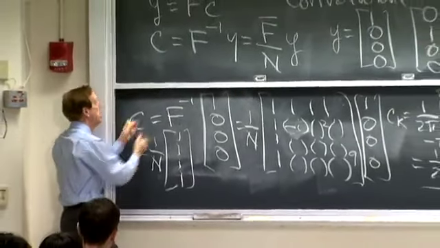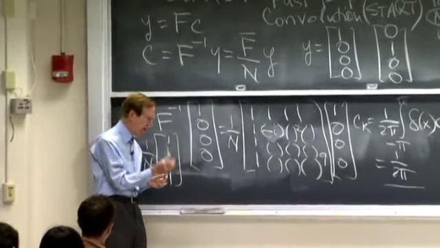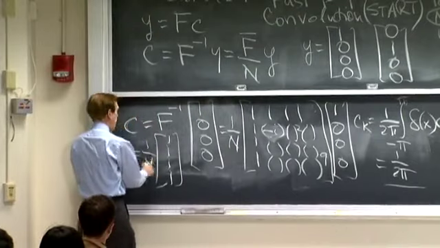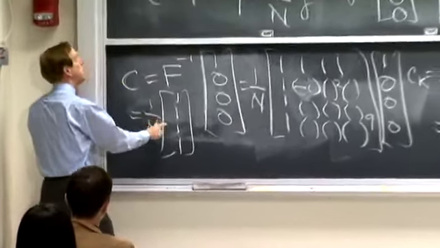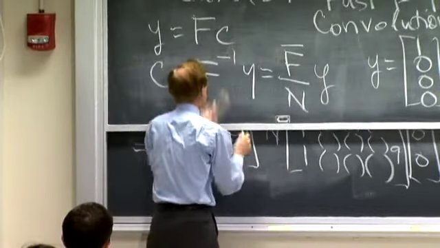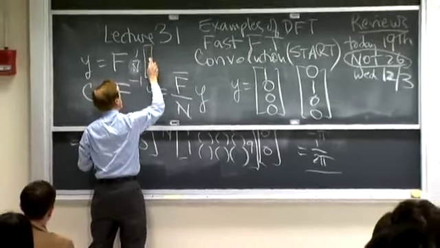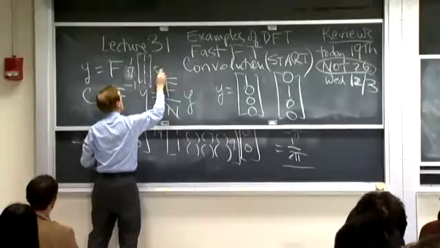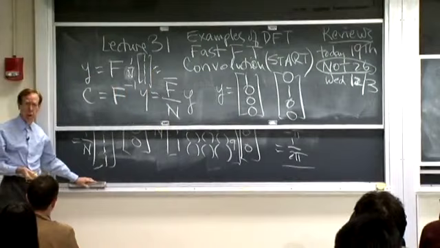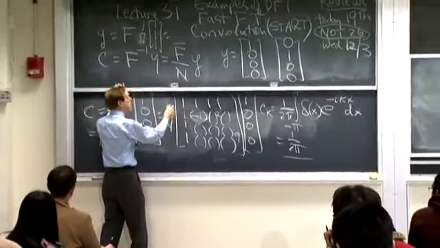Just to be sure that we believe that F and F inverse really are what they are supposed to be, if I start with these coefficients, put those in here and reconstruct, so 1 over n, 1, 1, 1, 1, what will I get? Well, what am I supposed to get? The delta, right? I'm supposed to get back to y, right?